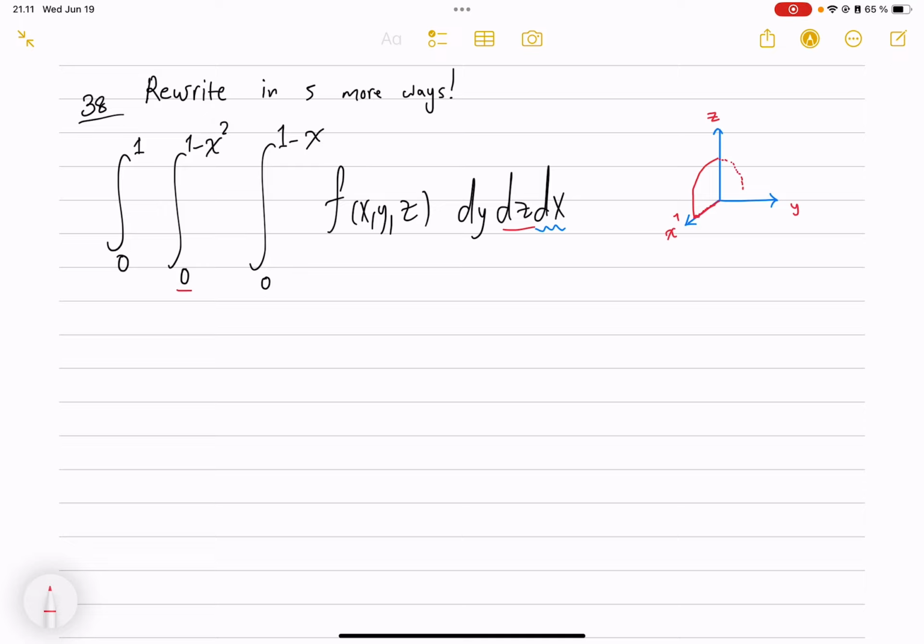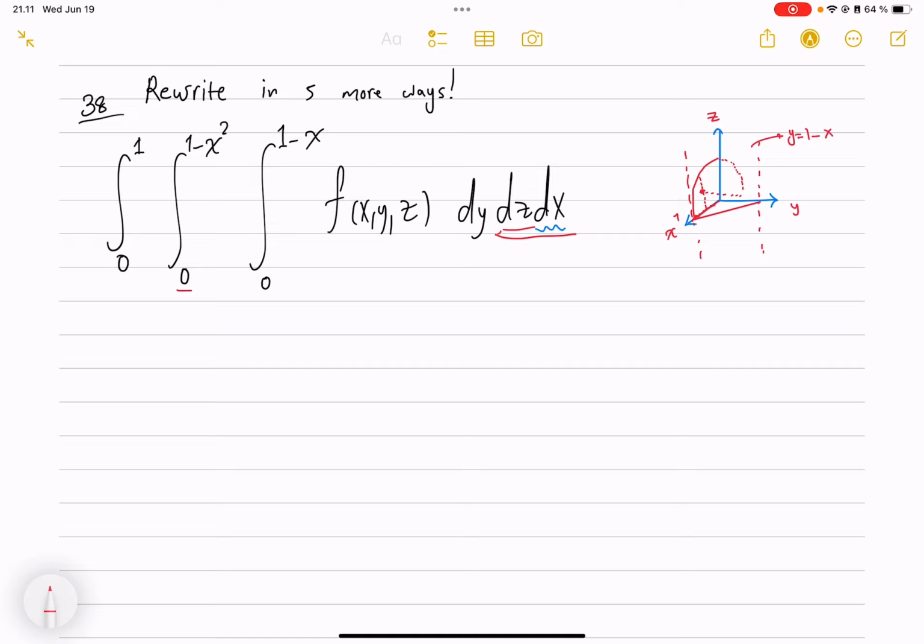So when you freeze your x, z is this much, and once you fix your x and z, y goes from 0 to 1 minus x, so that will be like here. And 1 minus x, we see that is this line and this plane, in fact, right? Because we are in 3D. So that is the plane y equal 1 minus x.